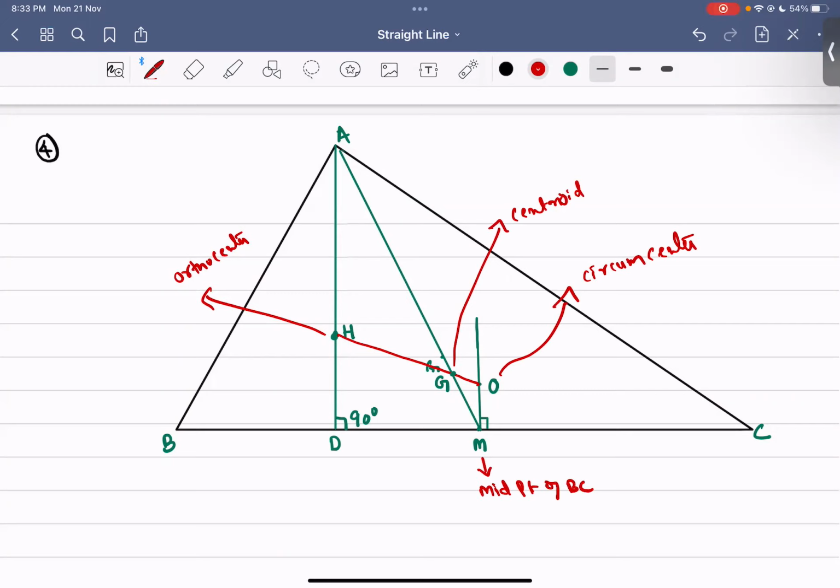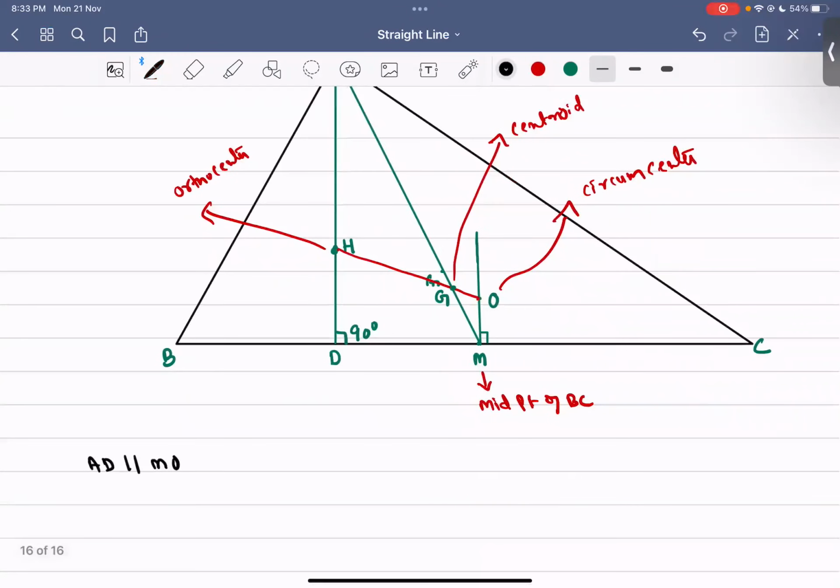Now if you observe this diagram, is AD line parallel to MO line or not? So this is AD and MO. These two lines are parallel because this angle is 90 degrees. Therefore, AB is parallel to MO. That is the first thing.